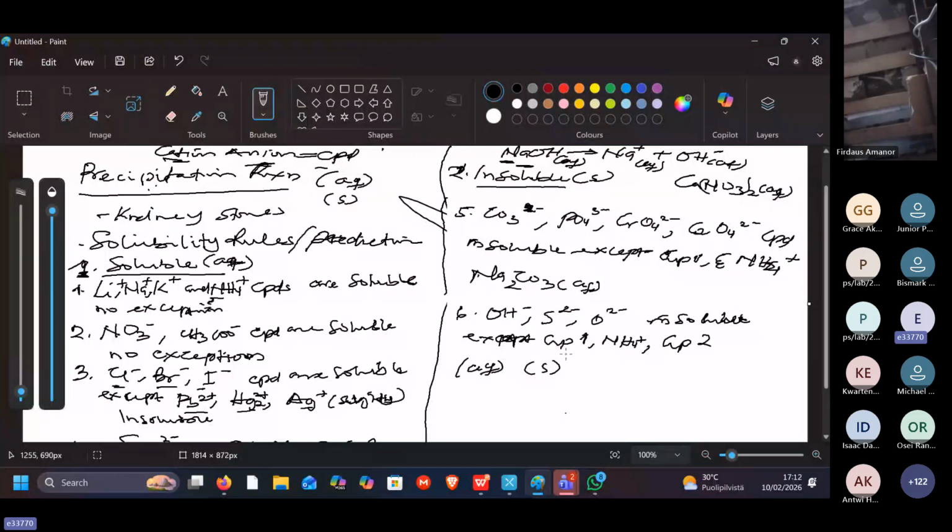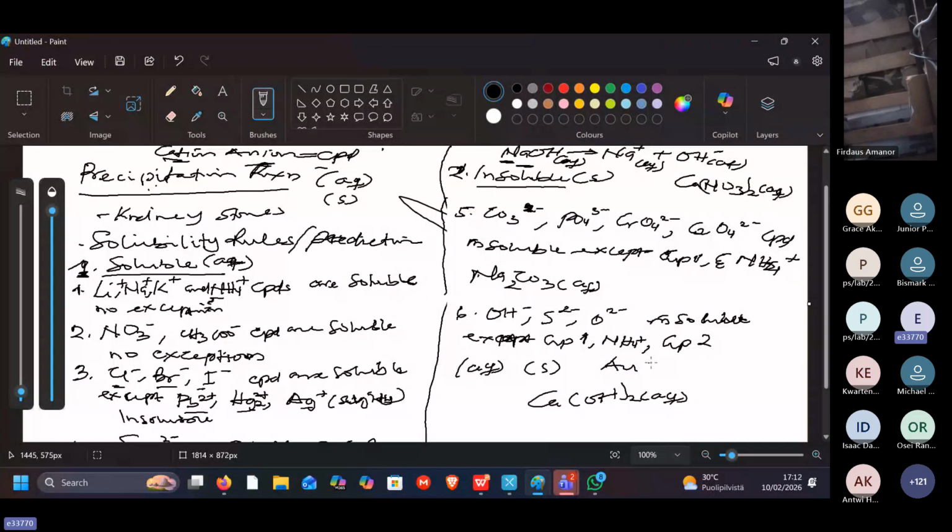For example, calcium hydroxide is just going to be soluble. But if I have, say, gold hydroxide, then of course gold hydroxide is just going to be solid.